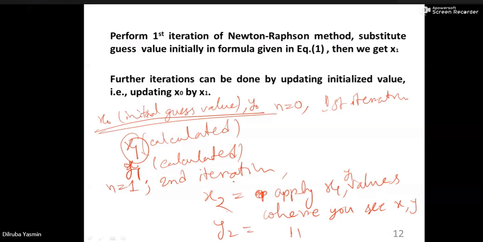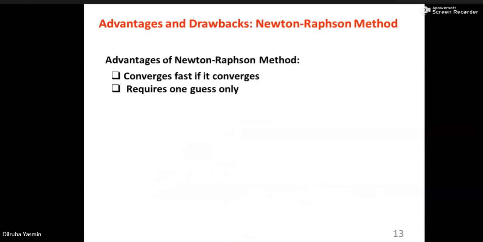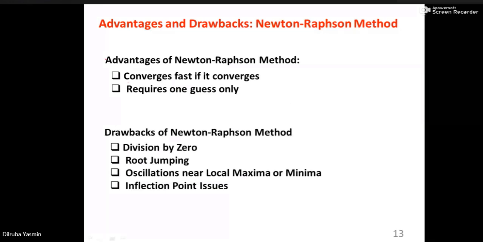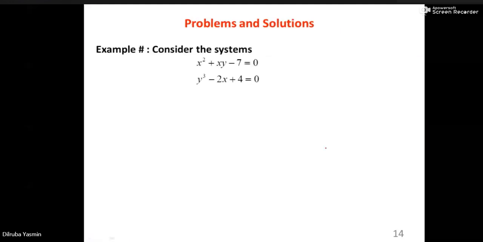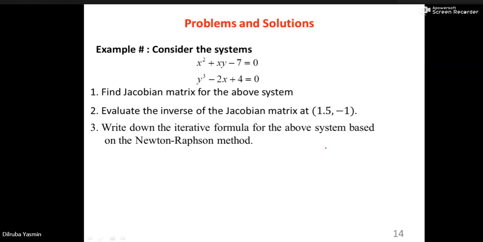So please go through these advantages and disadvantages points and come back here. Here is the problem. A similar type of problem could arise in any assessment. Suppose I give you this system of nonlinear equations. How many variables exist in these two equations? 2, isn't it? x, y.